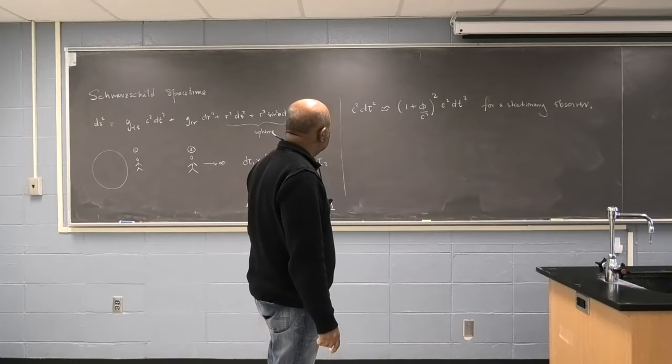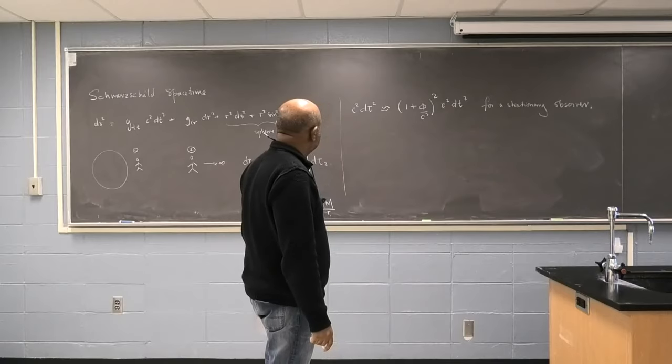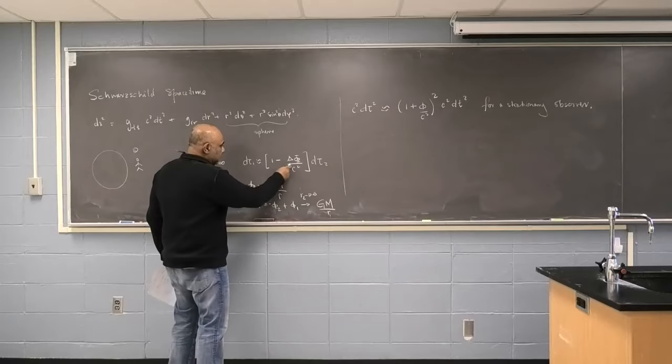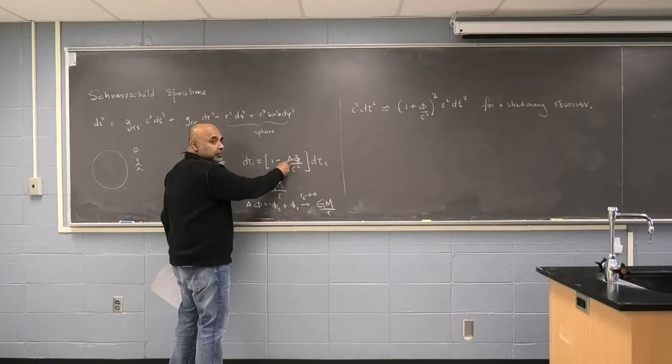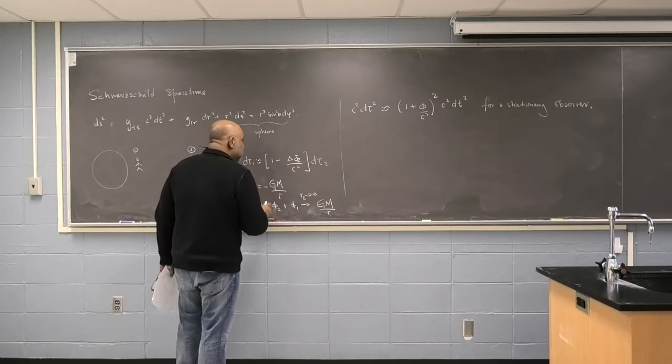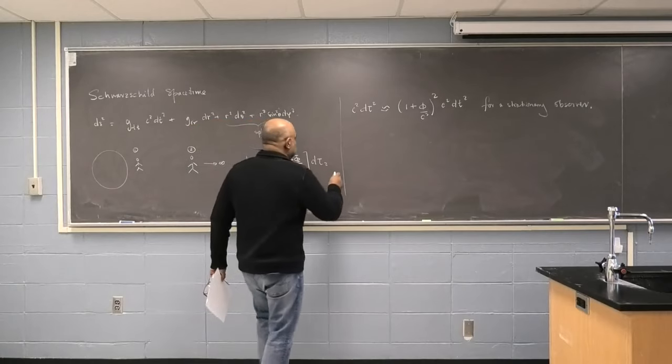That c squared d tau squared, the one minus c squared, or should it be plus? No. Yeah, that's the correction, right? It is phi2 minus phi1. So minus of that is phi1 minus phi2. Oh, and so it becomes plus phi.